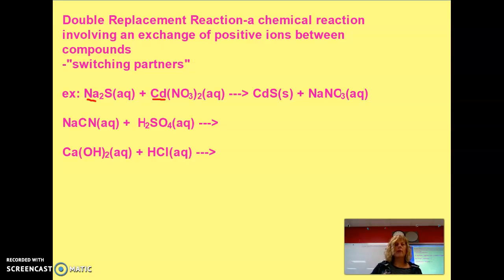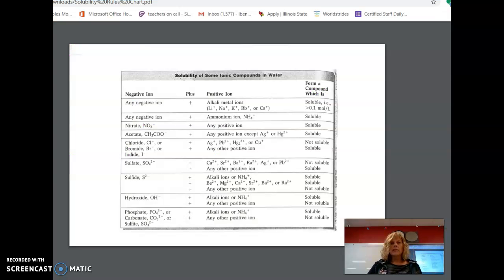So now I want to show you how to use the solubility rules on your solubility chart that I gave you, or I linked to the hyperdoc last week, to determine whether either of these products are going to form a precipitate. So here's what we look for. This is a chart that shows whether they are soluble or insoluble.